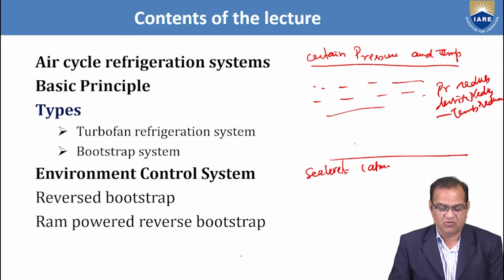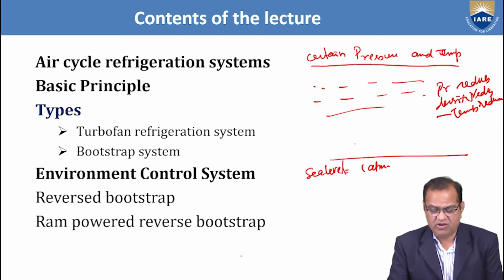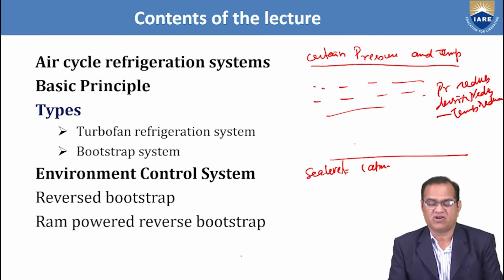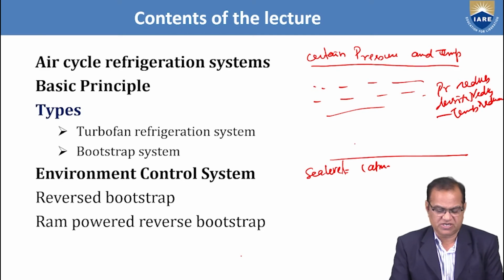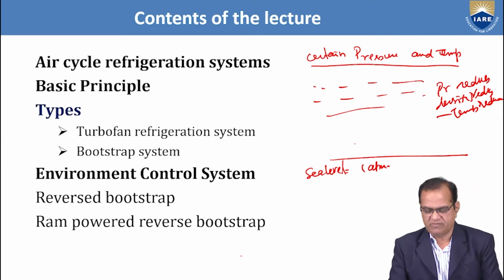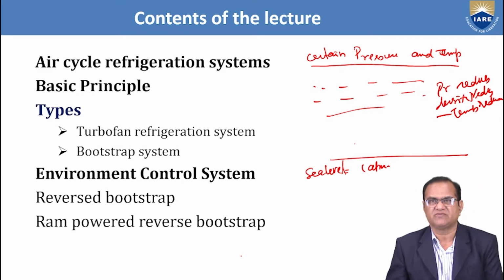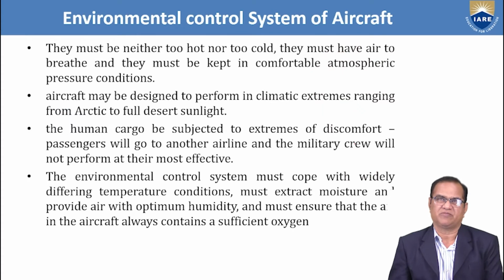So here we have to use the environmental control system, as we need a sufficient amount of oxygen and air for breathing. In that we use the reverse bootstrap and ram powered reverse bootstrap. These are the methods we use for this purpose.